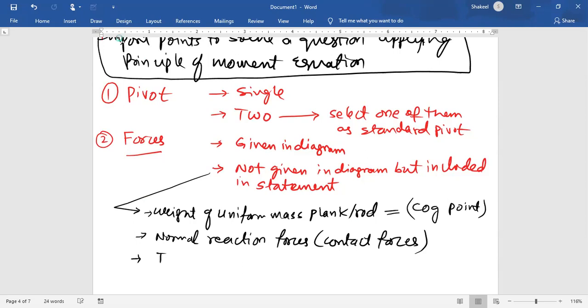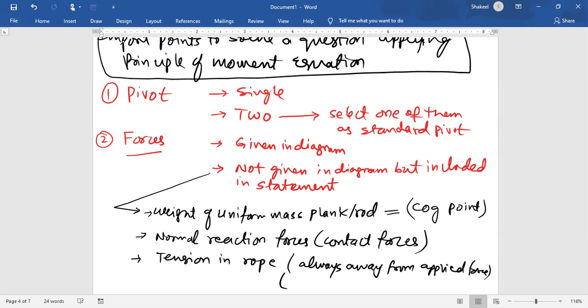And then the next thing is tension in cable, tension in rope. So tension in rope is always away from applied force to the rope, or it's always towards the fixed end of the rope.